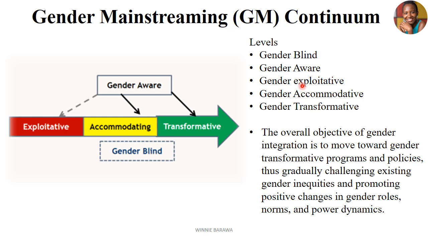While a gender accommodative project has considered the genders but is not eliminating the disadvantages, is not eliminating the negatives that are existing. They're basically working with the status quo for the purpose of meeting the objectives of their project.